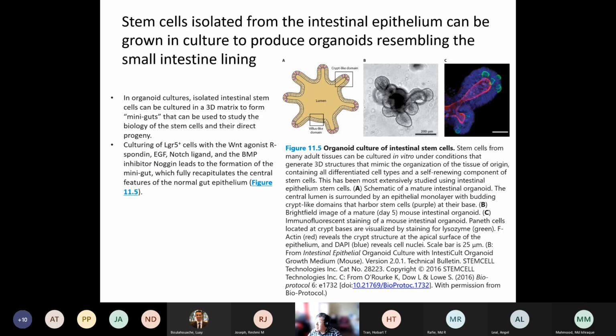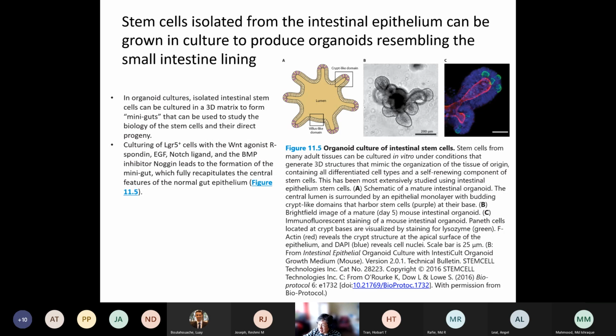And then this is from the paper that the student will present this Friday. So basically, Hans Clevers was able to show that when he isolates one cell or a few cells originated from one stem cell, he was able to make this organoid that looks and kind of functions very much like the villus crypt structure.